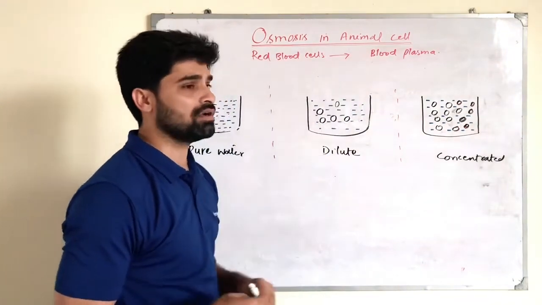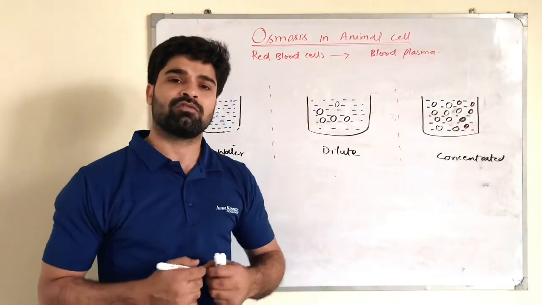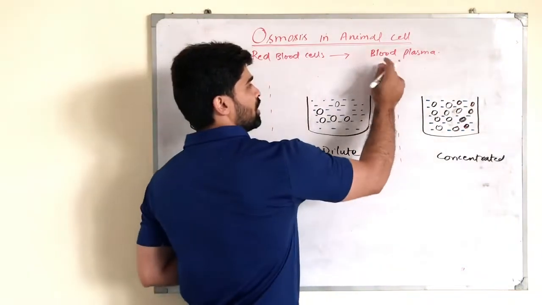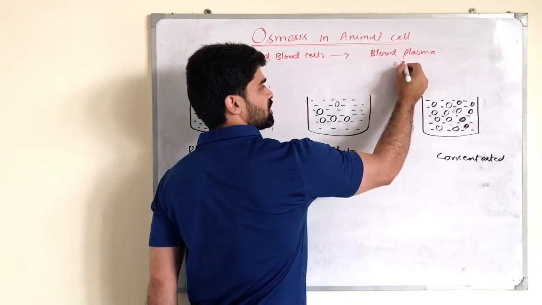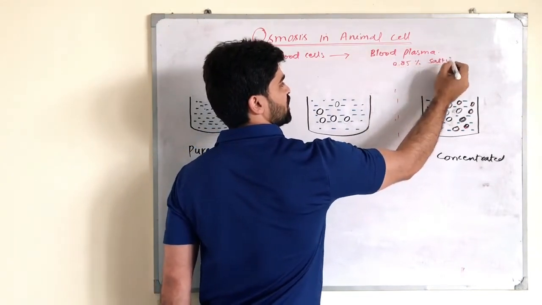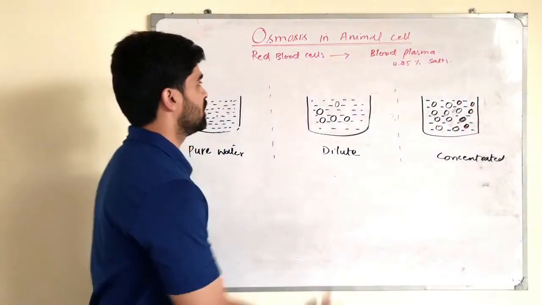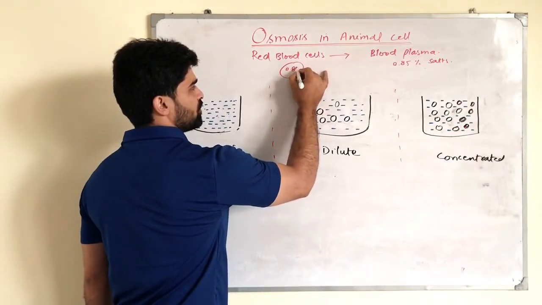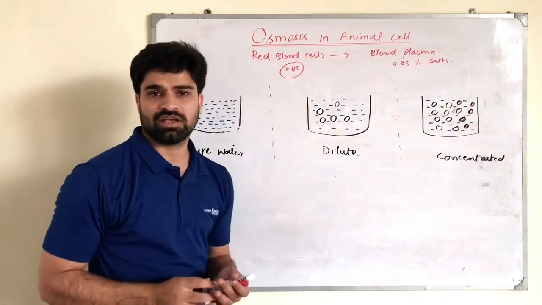And what is the osmotic potential or the water potential of the blood plasma? Blood plasma has 0.85% salts in it, and equivalent to these salts, red blood cells also have 0.85% salts or inner contents.